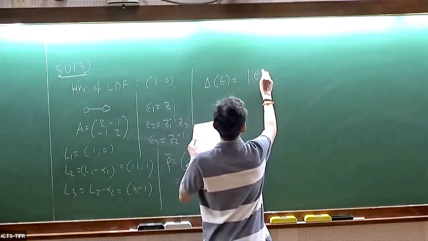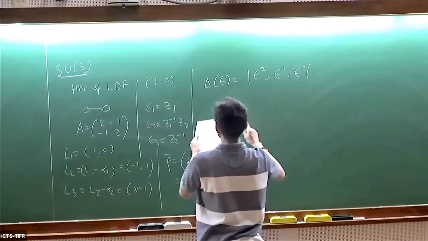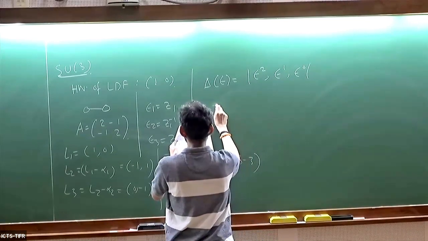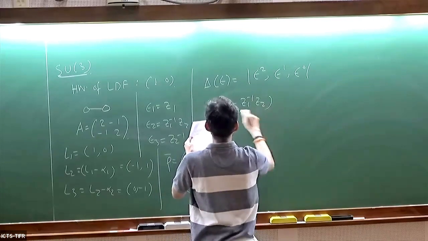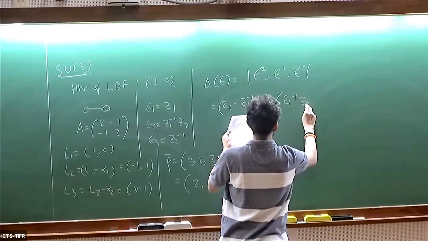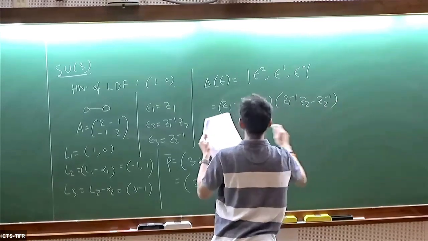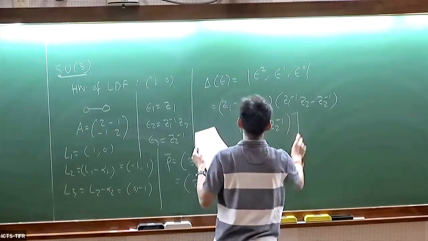That is the determinant of epsilon 2, epsilon 1, epsilon 0. If you calculate the determinant, you would get (Z1 minus Z1 inverse Z2)(Z1 minus Z2 inverse)(Z1 inverse Z2 minus Z2 inverse).